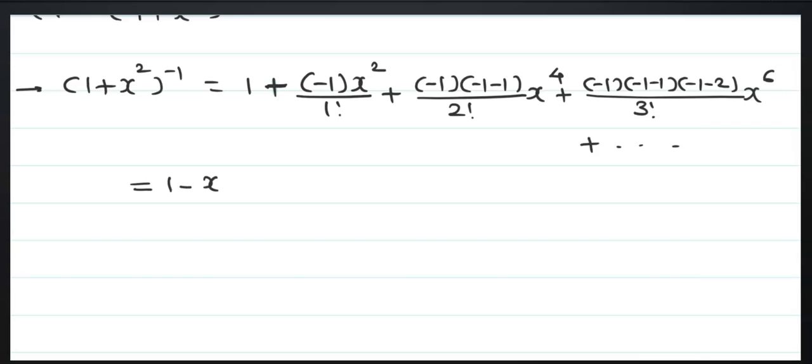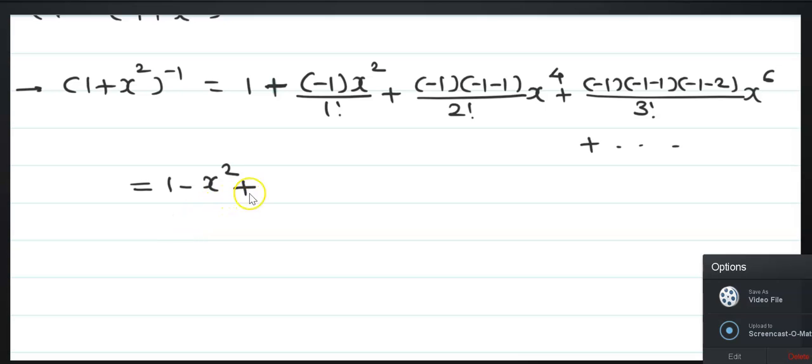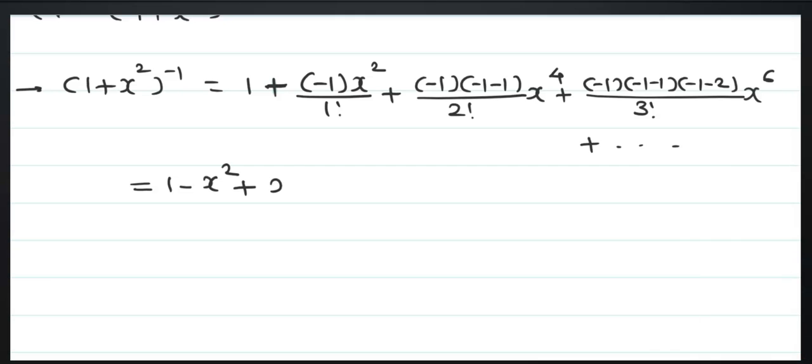Now what is the simplification? 1 minus x square, and here is a minus and minus, it will become plus. Minus 2 minus 1, 2 upon 2 factorial, that is 1 into x raised to 4. Therefore, you will get x raised to 4.